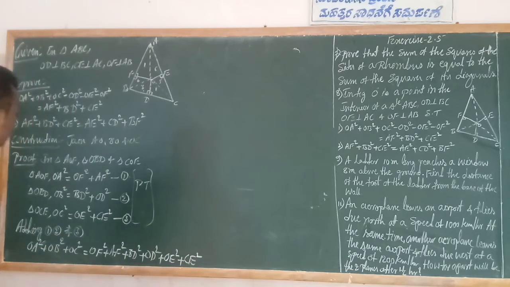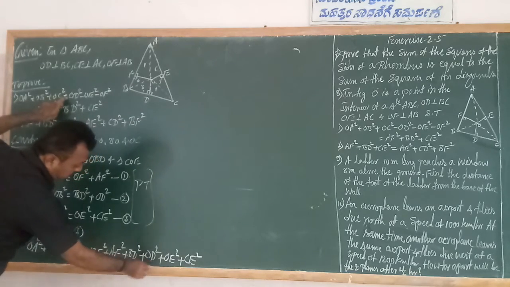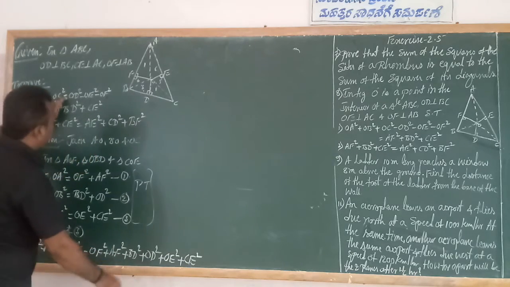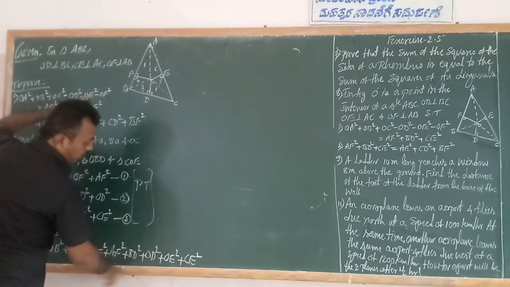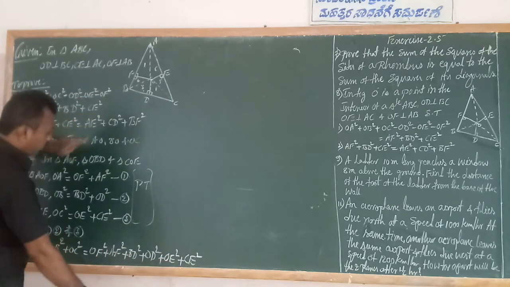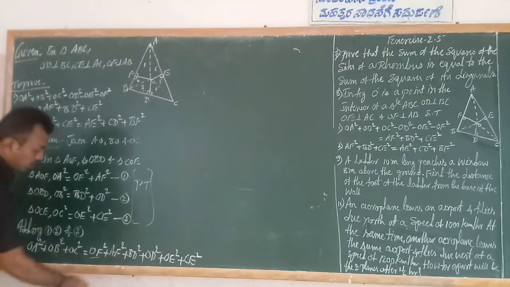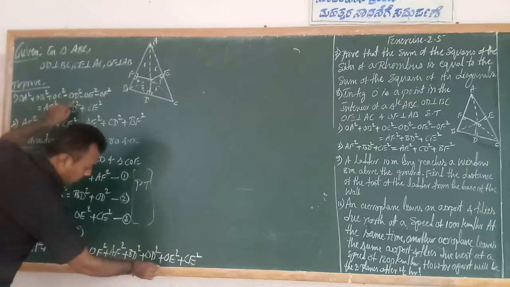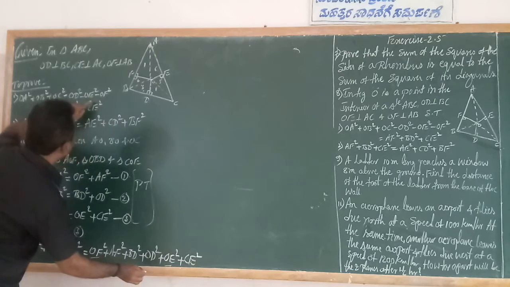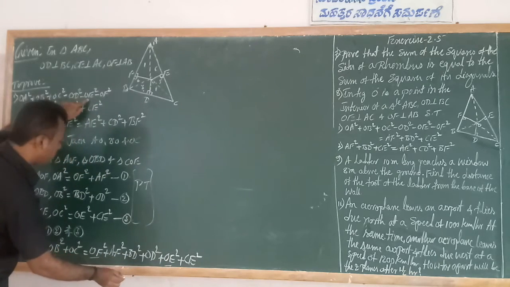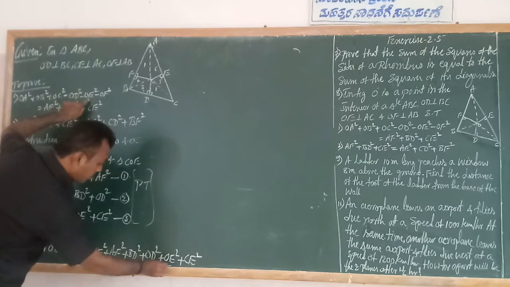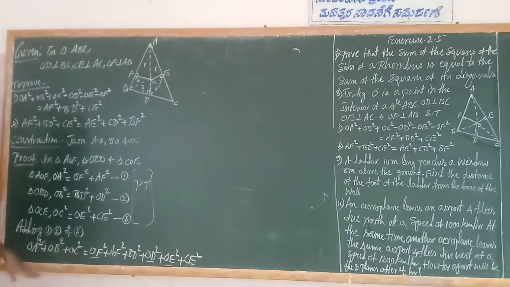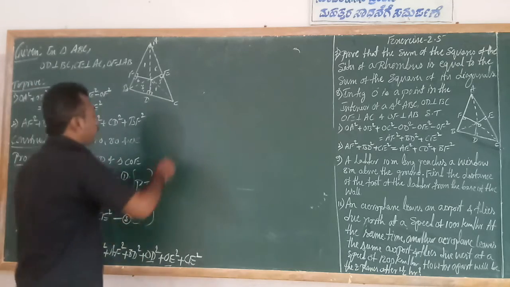So now, what we have told: OA square plus OB square plus OC square minus OD square. Here the RHS terms OD, OE and OF should be sent to the LHS side, and then it becomes the proof.